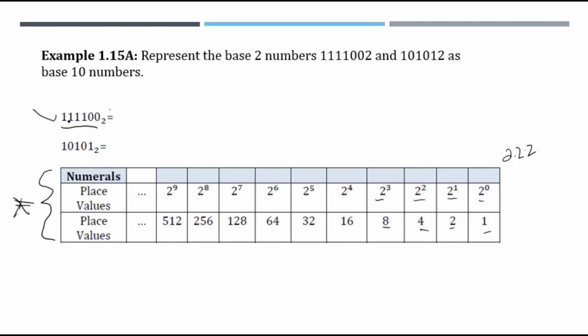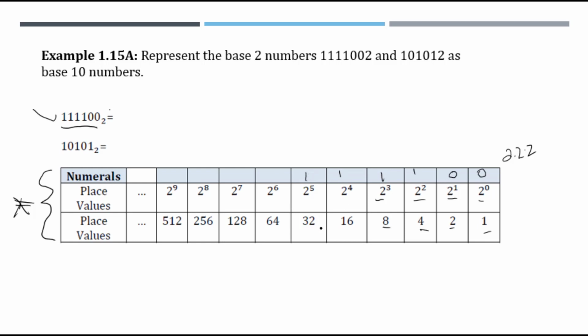So the way I recommend doing it, you've got 4 1s and 2 zeros. I'm going to go backwards this way. Okay, so I've got 4 1s and 2 zeros. That's the number.